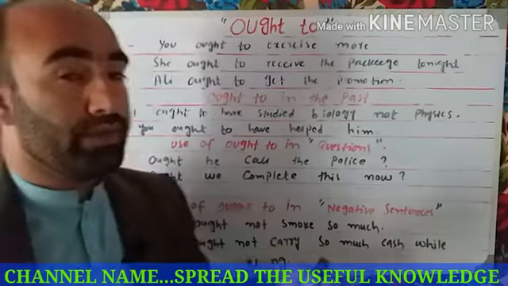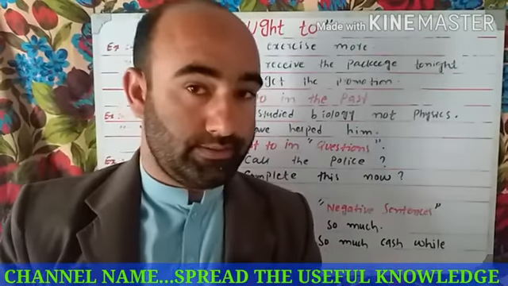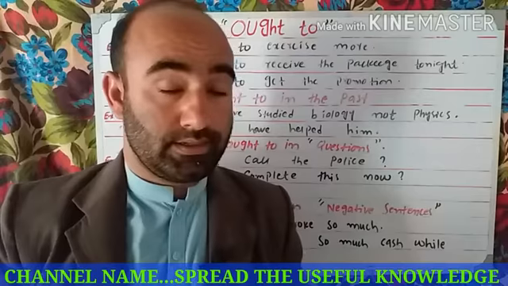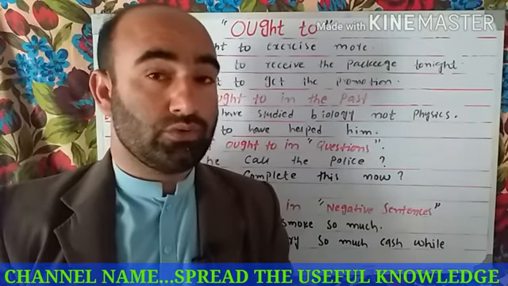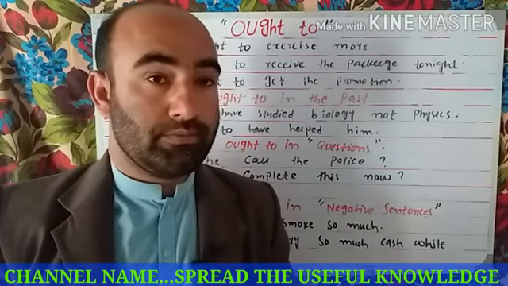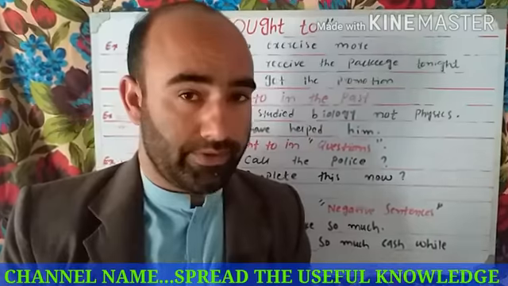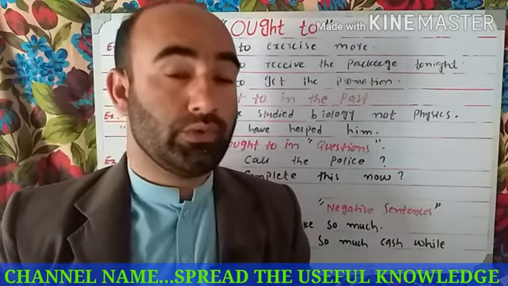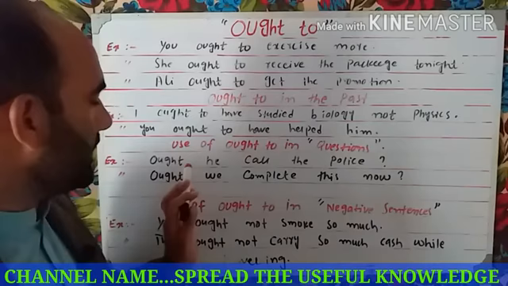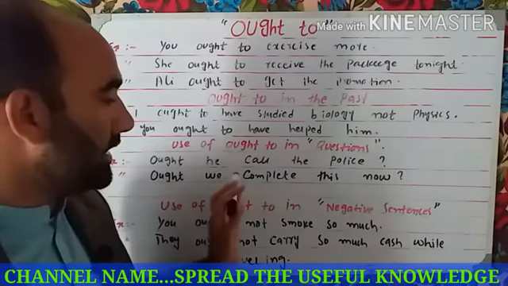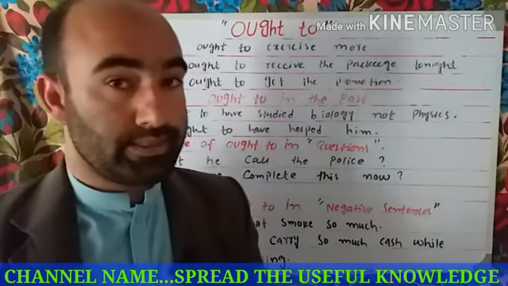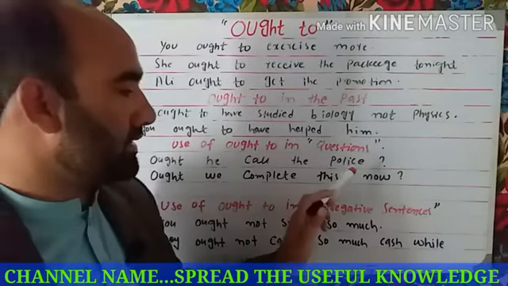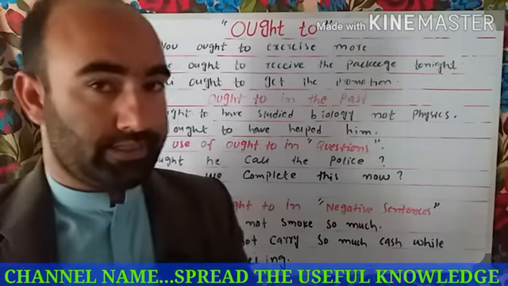Now, how can we use ought to in questions? Mostly it is not used in questions. Instead of ought to we use should, but this is also grammatically correct. There is no problem. You can use ought to in questions. Now look at the first example: ought he call the police? To is omitted here.